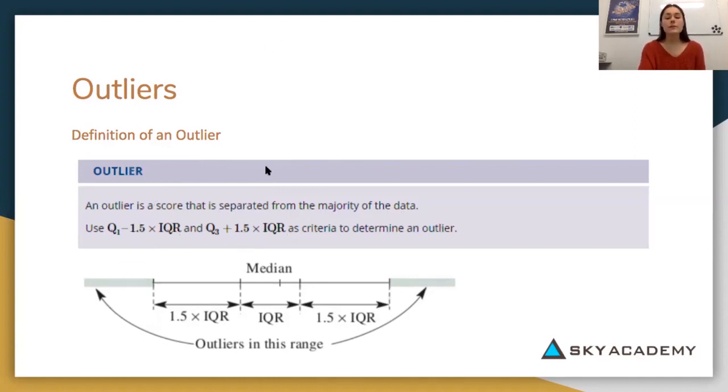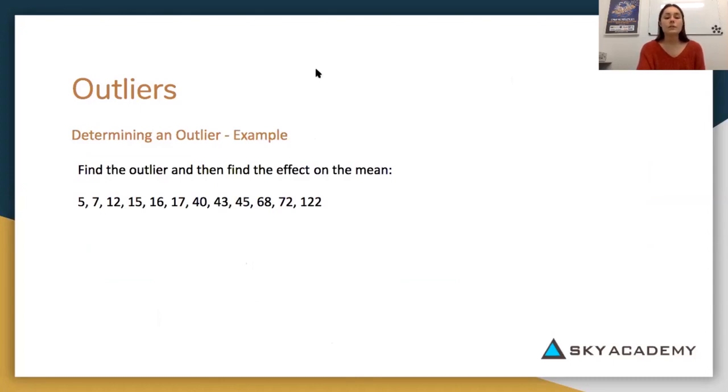So let's have a look at an example of determining an outlier. So it says find the outlier and then find the effect on the mean. So before we do this question, we need to consider why they asked us to find the effect on the mean.